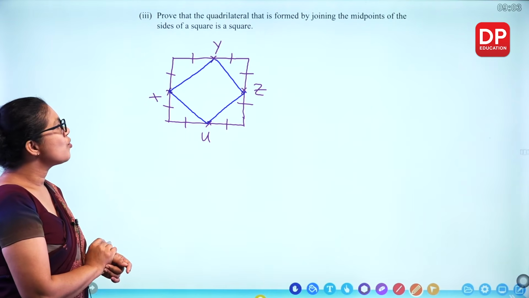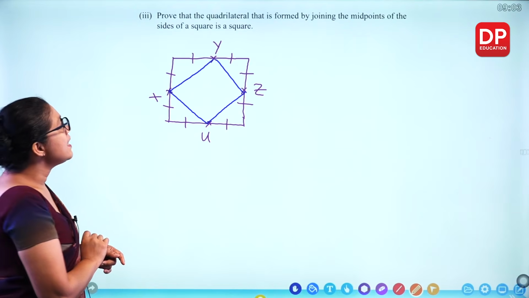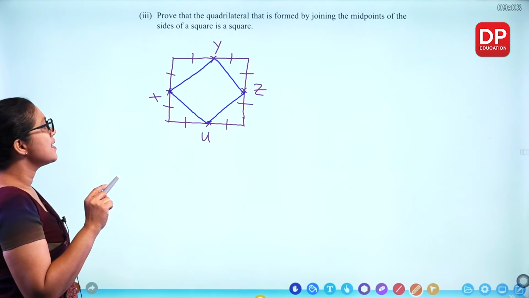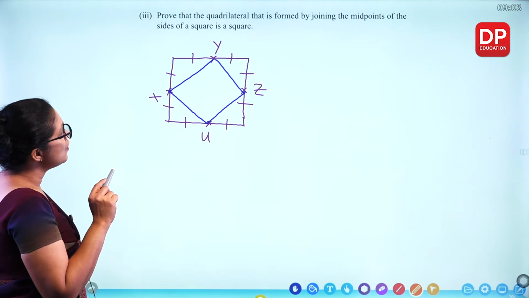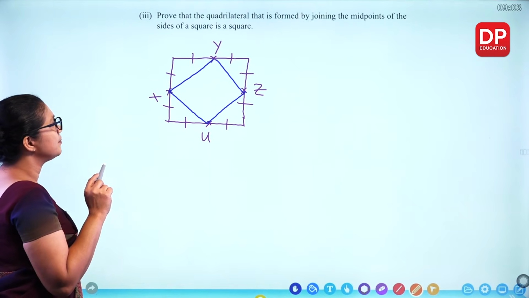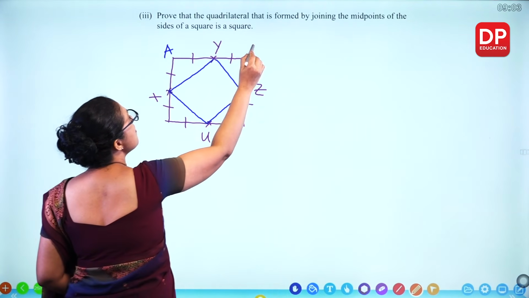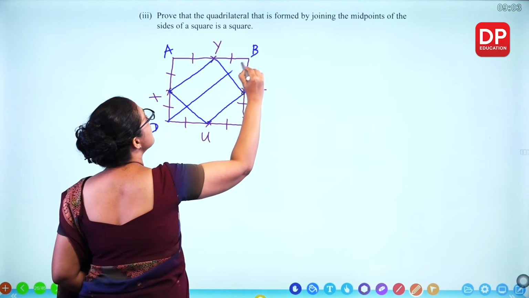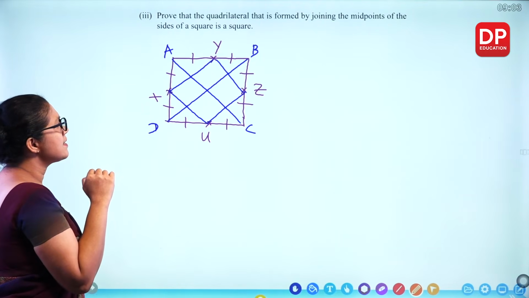If we can show adjacent sides are equal and each angle is 90 degrees, we can say that's a square. Now how can we show this is 90 degrees? Now we take ABCD is the square. We'll connect these BD and AC diagonals.